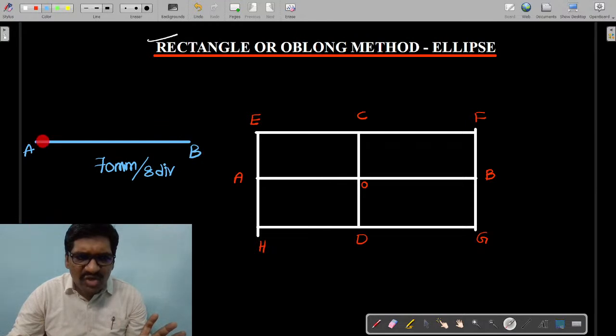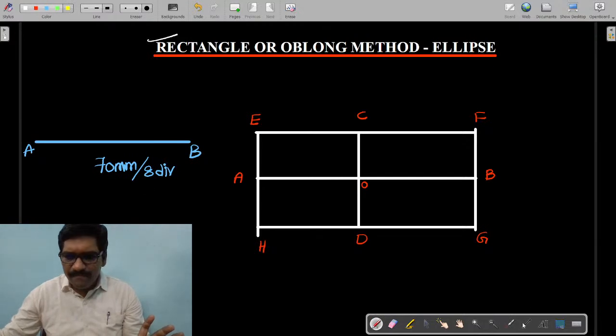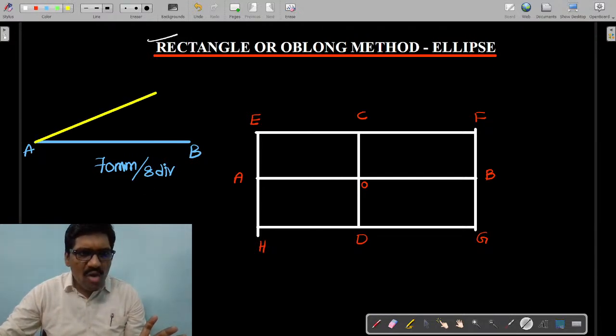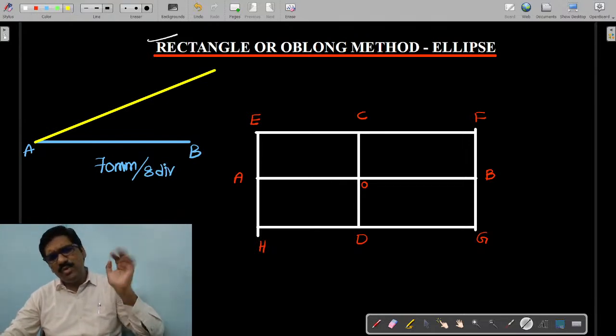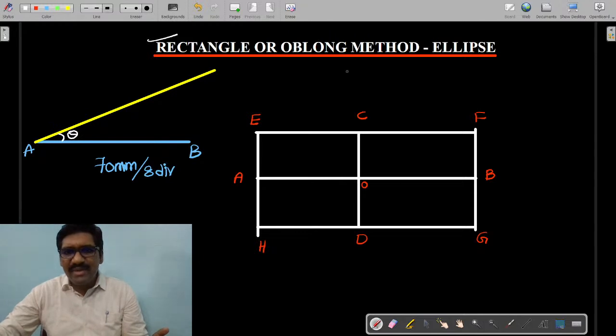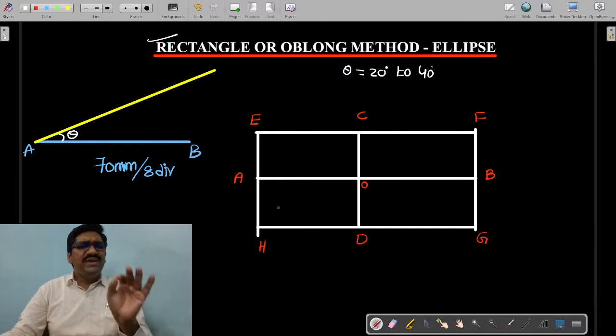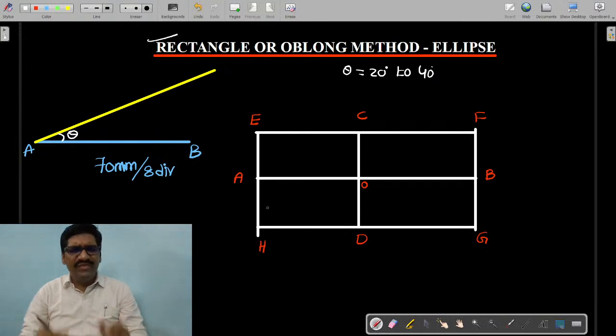From the starting point of the line, draw a line of some approximate length at an angle theta, such that your theta lies between 20 degrees to 40 degrees. You fix some angle, it can be 20 or 30 or 40, it can be any angle. Fix 30.